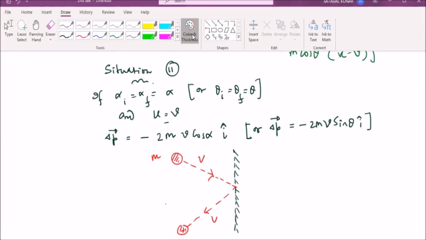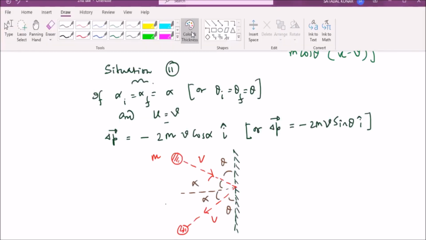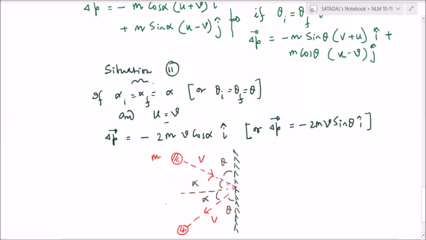It is also told that this angle is alpha, this angle is also alpha, this is theta, this is theta. So in which direction will the force act? Since the change of momentum on both occasions is along I cap only, this is the direction in which force acts on the ball. The change in momentum in this direction will have magnitude either 2mv cos alpha or 2mv sin theta.